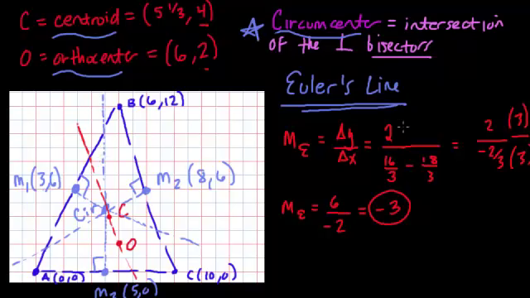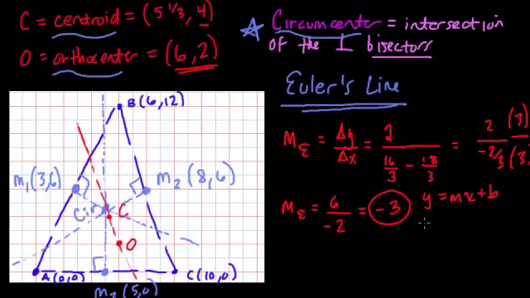And I want to write Euler's line in slope-intercept form. If I know that these two points are on the line, I can plug these x and y values in to find the y-intercept, because that's what I'm missing. I have the slope. So of course y equals mx plus b, that's the slope-intercept form. The slope is negative 3.